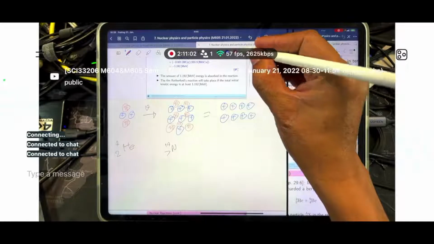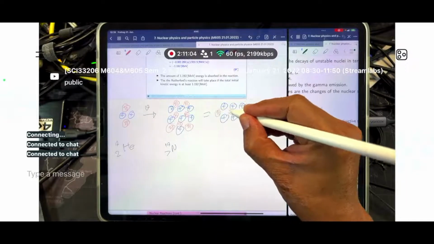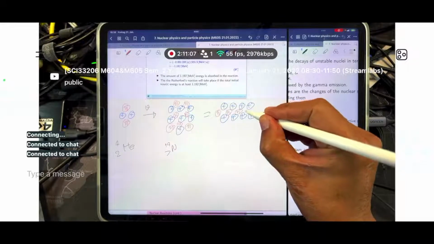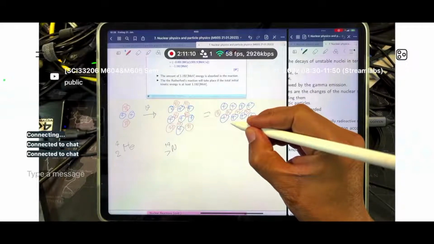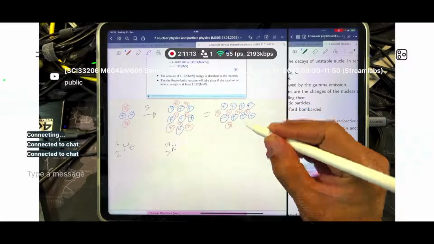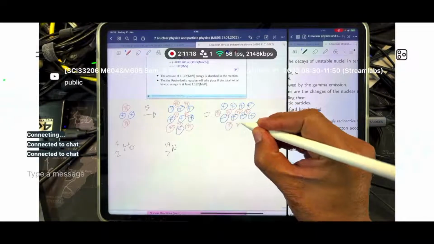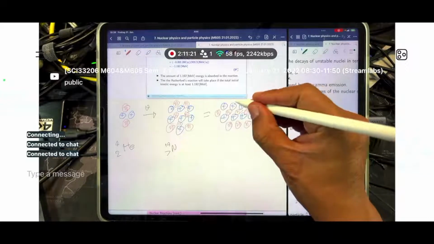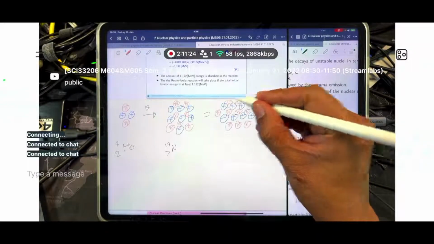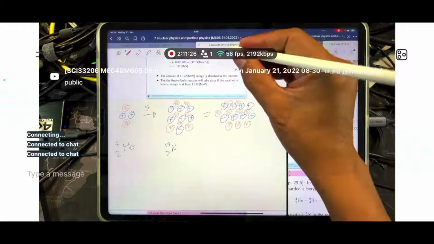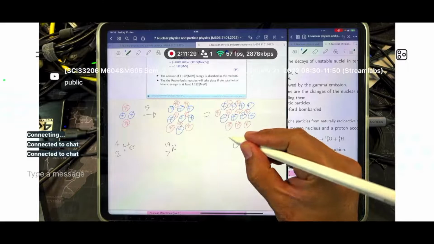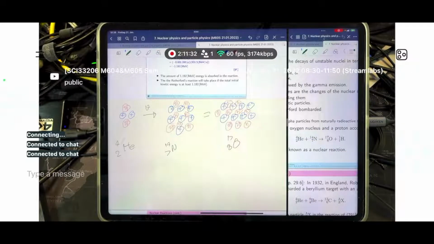Yes, 9 neutrons. That's the oxygen 17,8, because we have 8 protons, and the number of neutrons is 2, 4, 6, 9, right?